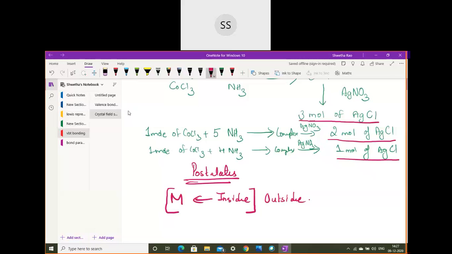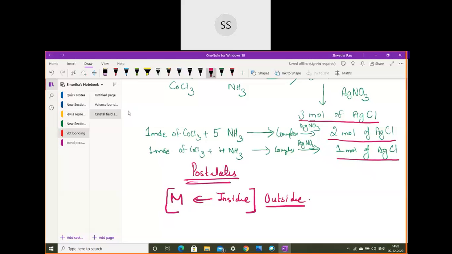And if 3 moles precipitate, 3 chloride ions are present outside. So he concluded that there are ions present outside and ions present inside, and the inside ions are directly linked to the metal atom.